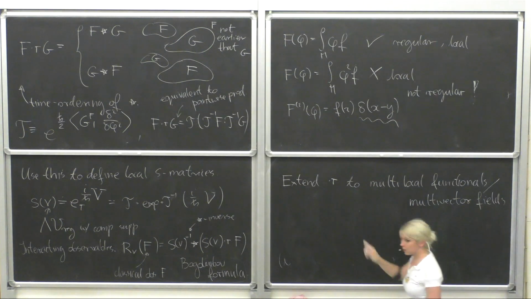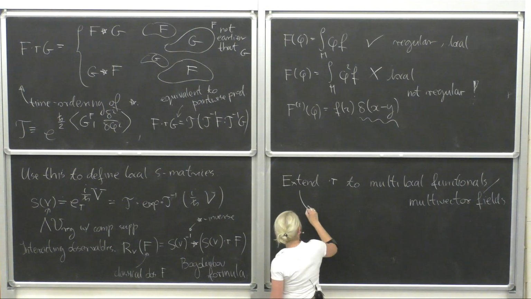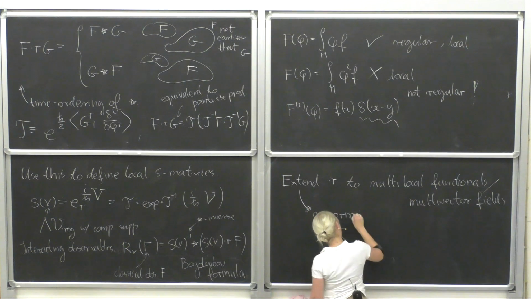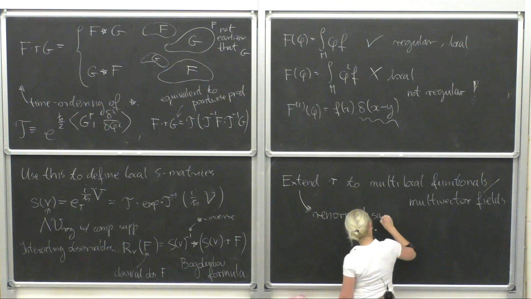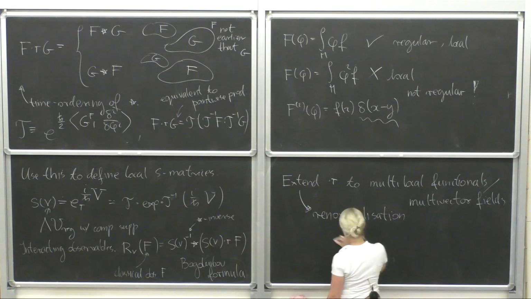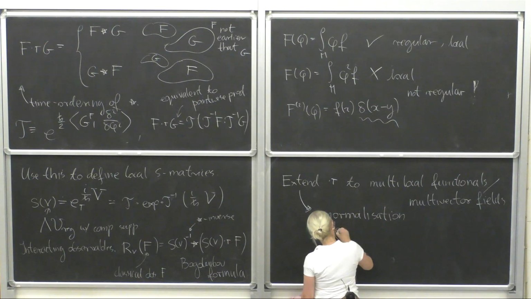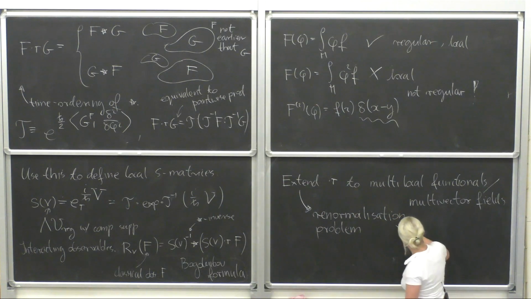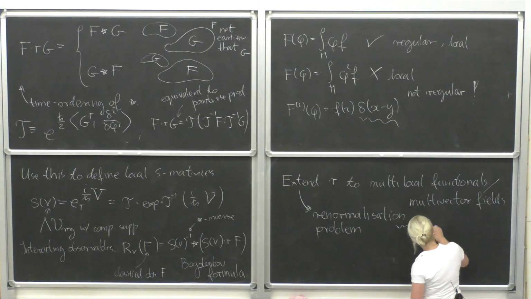This extension problem, this is the renormalization problem. And the renormalization solution is that of Epstein-Glaser.